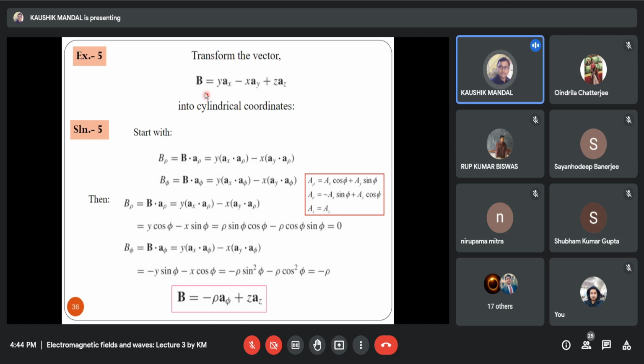Now you write down the vector b in terms of the cylindrical coordinate system.